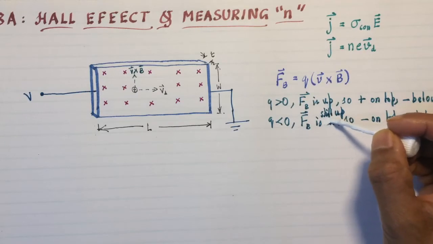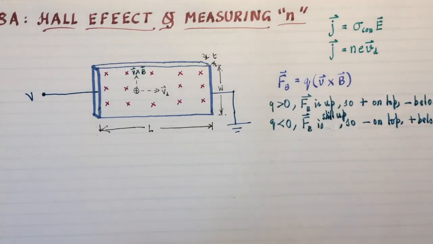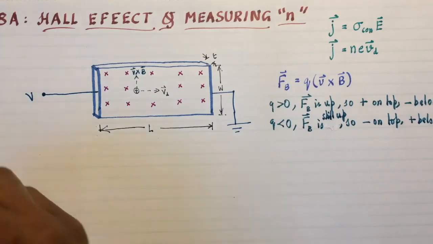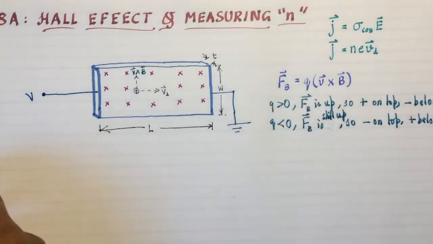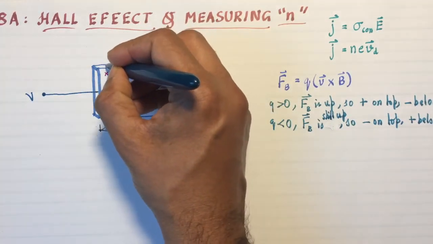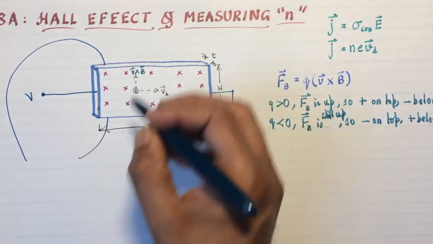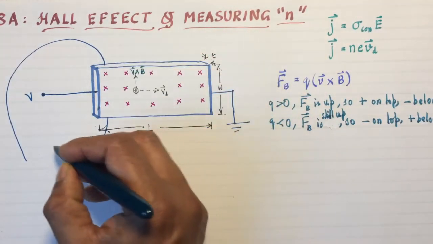So this is an interesting characteristic of this experiment. It actually helps us determine if it's electrons that are doing the talking or if it is protons. And how do you do this in real time? Well, after a while, and the while is not long at all, it's a few milliseconds, you have to attach what's called a galvanometer probe to the two sides.